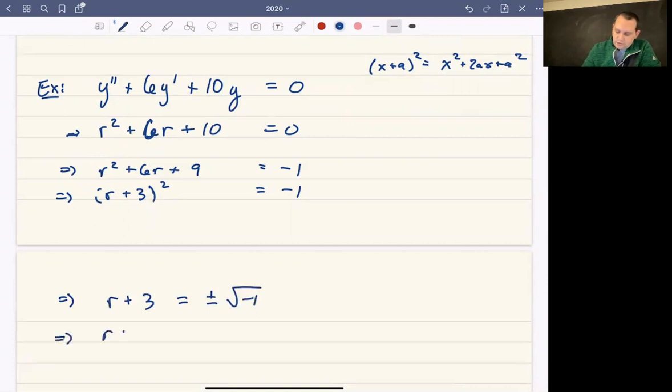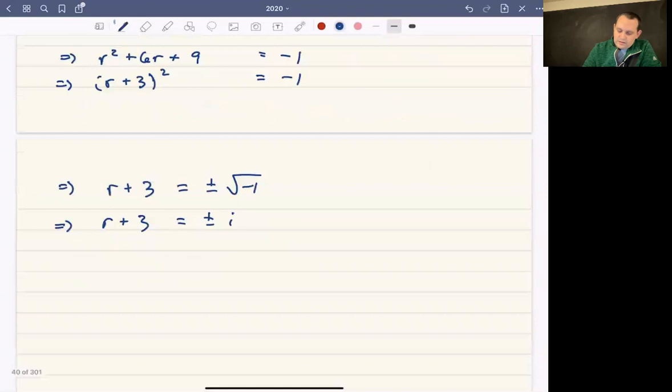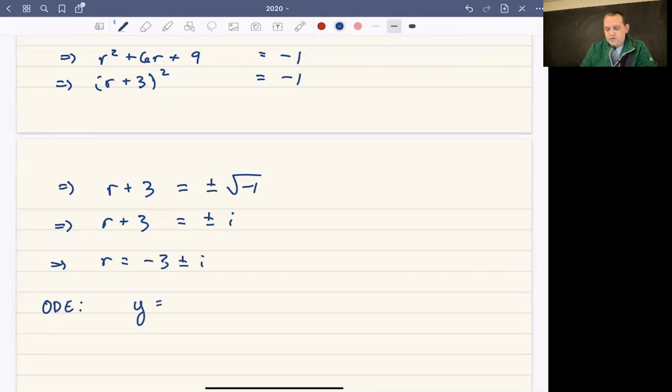In other words, r plus 3 is going to be plus or minus I. And then finally, r is going to be -3 plus or minus I. And therefore, the general solution to the differential equation is going to be e to the -3x times c1 cosine of, this is 1i, so cosine of 1x plus c2 sine of 1x.